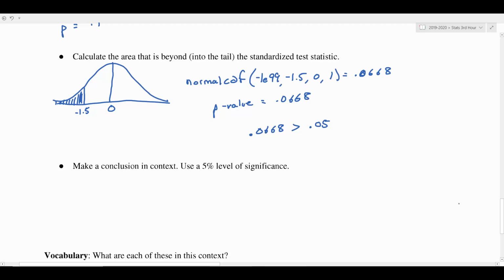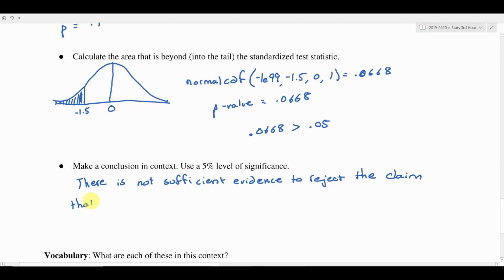All right, so we're going to go ahead and make our formal conclusion. We're going to say there is not sufficient evidence to reject the claim that 9 out of 10 dentists recommend toothpaste.